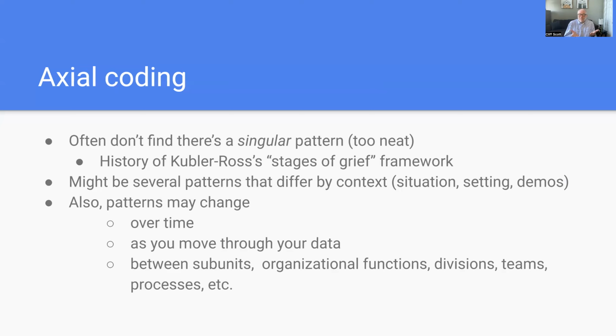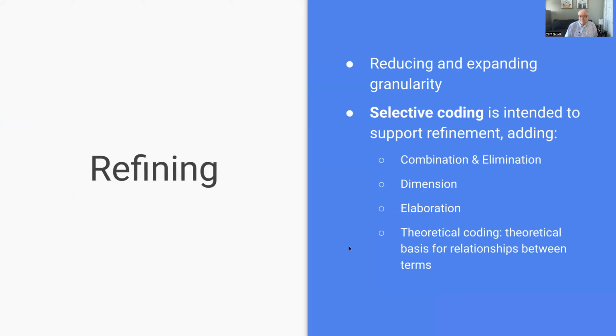Remember, you're trying to develop a scheme of categories that represents the patterns that you're seeing in your data. And so as you move through your data, the patterns that you think you're seeing may change, and you need to be open to changes in those patterns as you move through the data set.